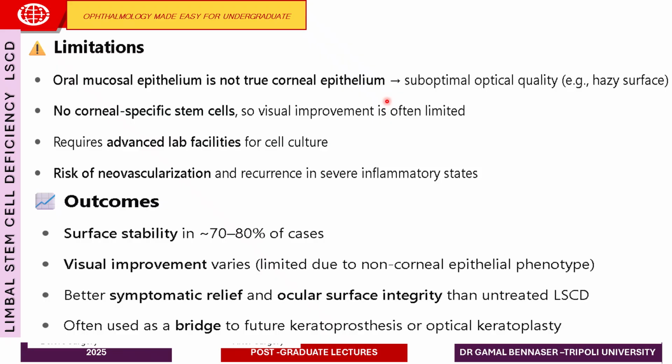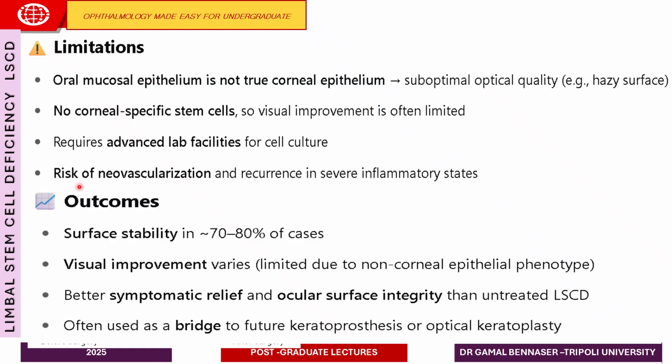The corneal epithelial phenotype is not guaranteed. There are no corneal-specific stem cells, only epithelium. There is no stem cells, so no visual improvement is guaranteed, and it requires advanced laboratory facilities for this type of cell culture.